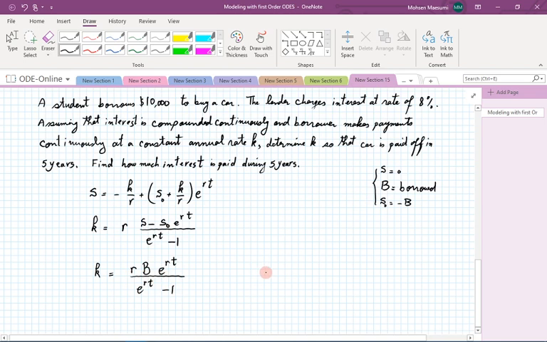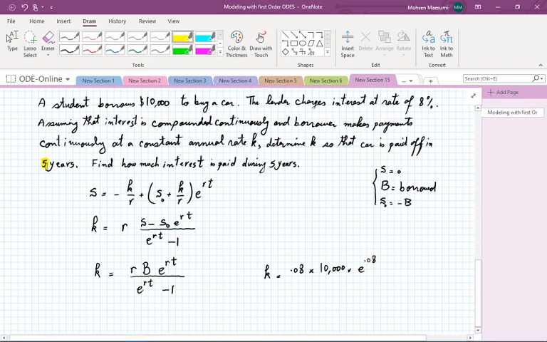So to find out how much you have to pay in this problem, 8%, the amount you borrowed, exponential of 8%. We are advised to pay it in 5 years.